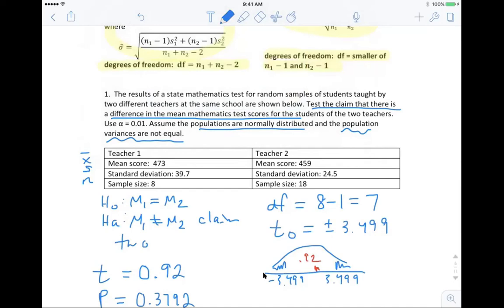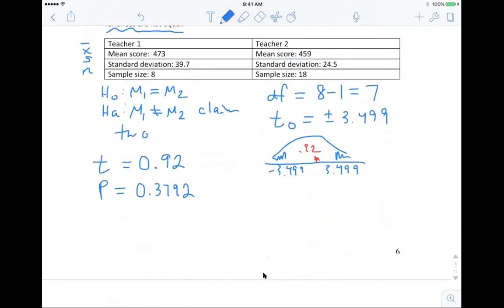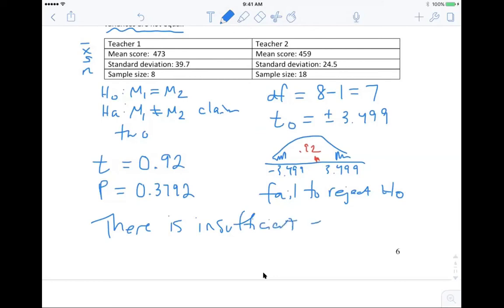This is still fail to reject H sub 0. All right. So regardless, whether you're doing p-value method or rejection region method, you're getting fail to reject H sub 0. Right? That's a 0 there. Sloppy too. So let's make that clear. H sub 0. Okay. And H sub A is the claim. We could not reject H sub 0. There is insufficient evidence to support this claim. Okay, and that would be the end of that one.